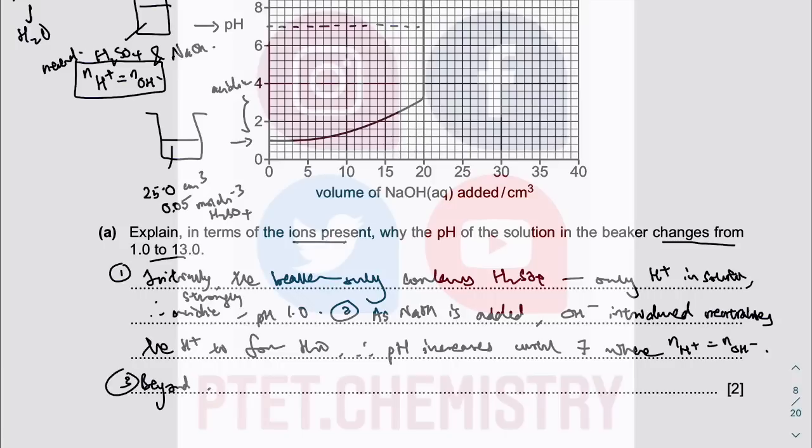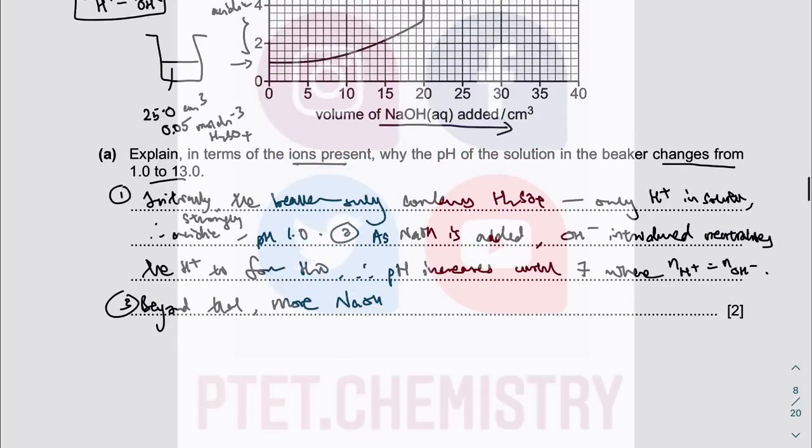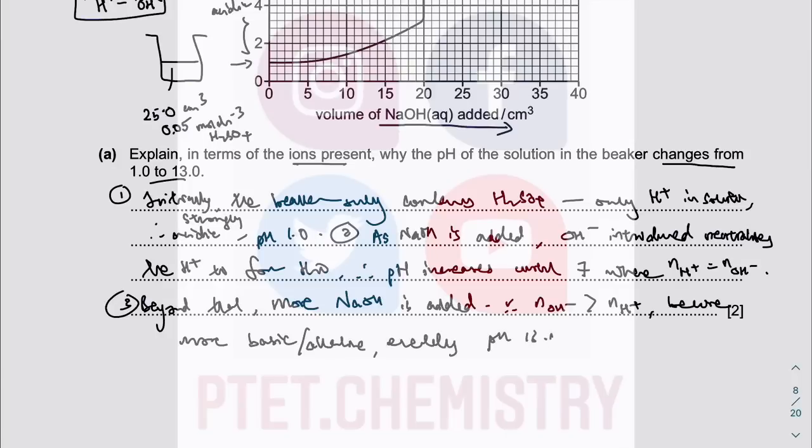Beyond that, after pH 7, more NaOH is added. You are just keep on adding NaOH. Therefore, the mole of OH minus is greater than the mole of H plus. It becomes more alkaline, or more basic, and therefore eventually you get pH 13, which is strong base, strong alkali, because that's the pH of a strong alkali like NaOH. Yeah.